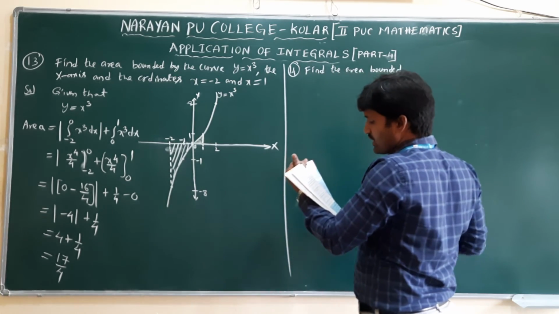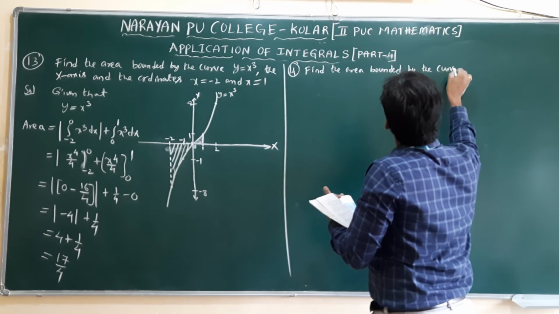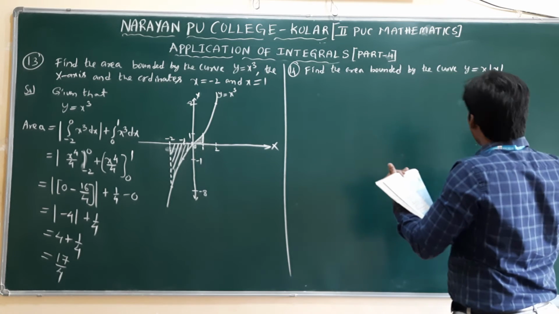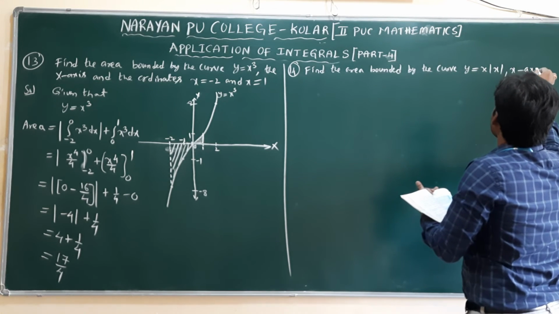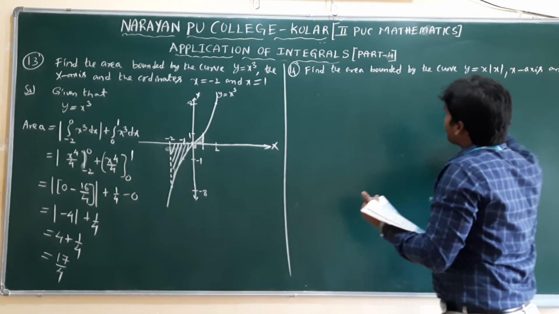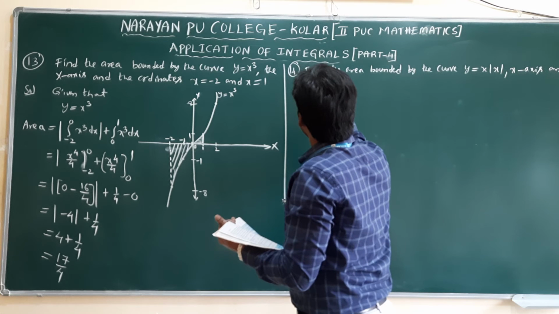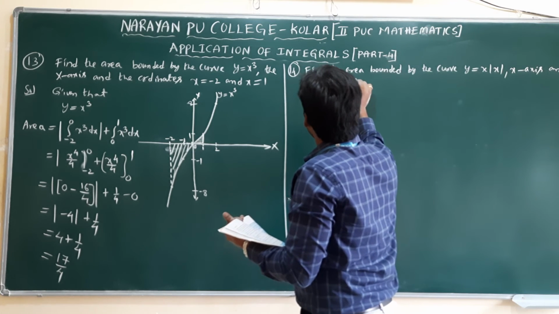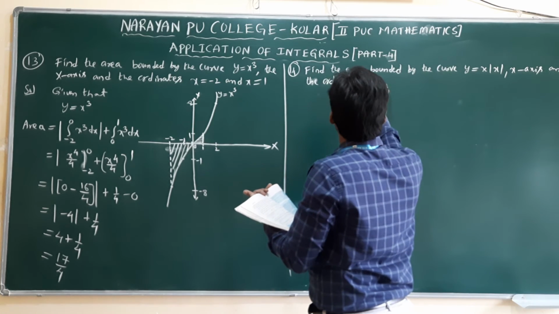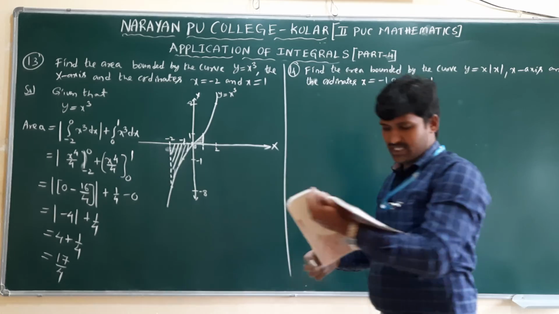Find the area bounded by the curve y equal to x into mod x, the x-axis, and the ordinates are given, x equal to minus 1 and x equal to plus 1.